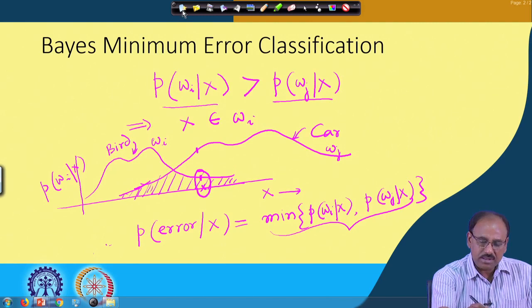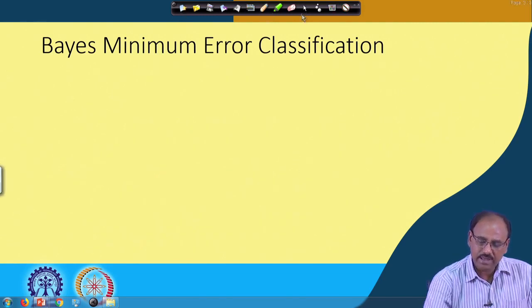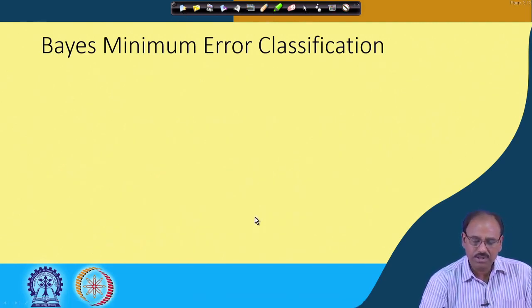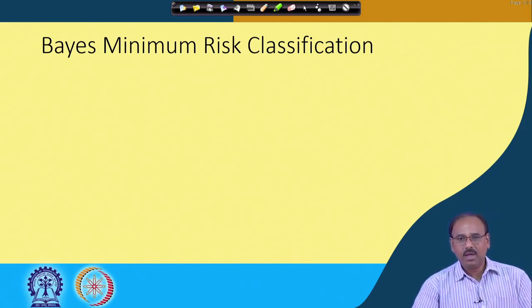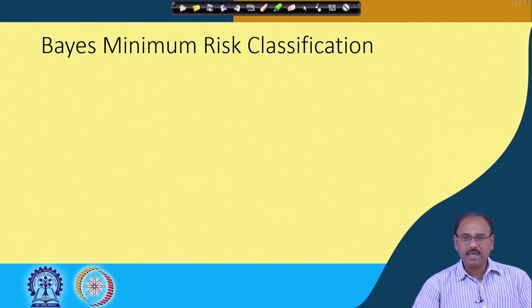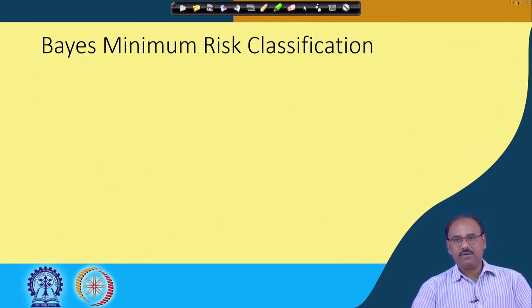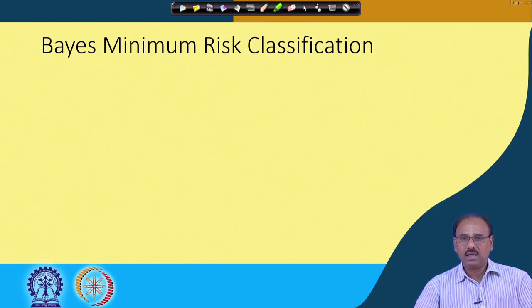Okay. Given this, now I go to the next type of classifier, which is the Bayes minimum risk classifier. The Bayes minimum risk classifier is more general than the Bayes minimum error classifier, in the sense that in the case of the Bayes minimum error classifier, we have considered only the classes.